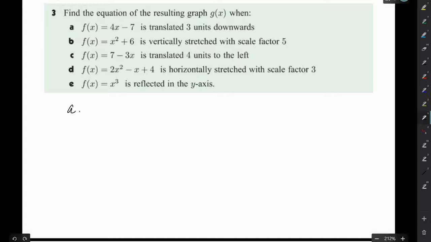So for letter A, we're translating this function 3 units downward. So we have our new function, g of x, where we're going to take that 4x minus 7 and translate it 3 units down, which means we need to subtract 3 more. So that new function becomes g of x is equal to 4x minus 10.